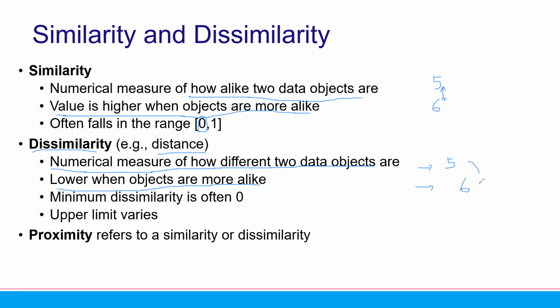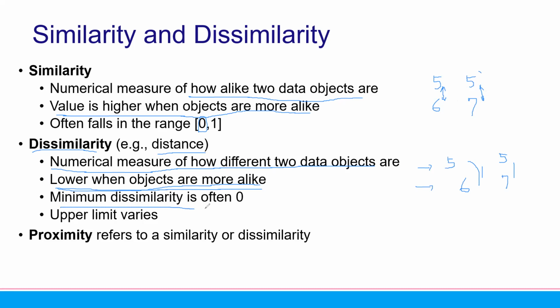For example, if we have 5 and 6, and then I have 5 and 7, the distance of this one is higher than the distance of this one. So lower when objects are more alike.